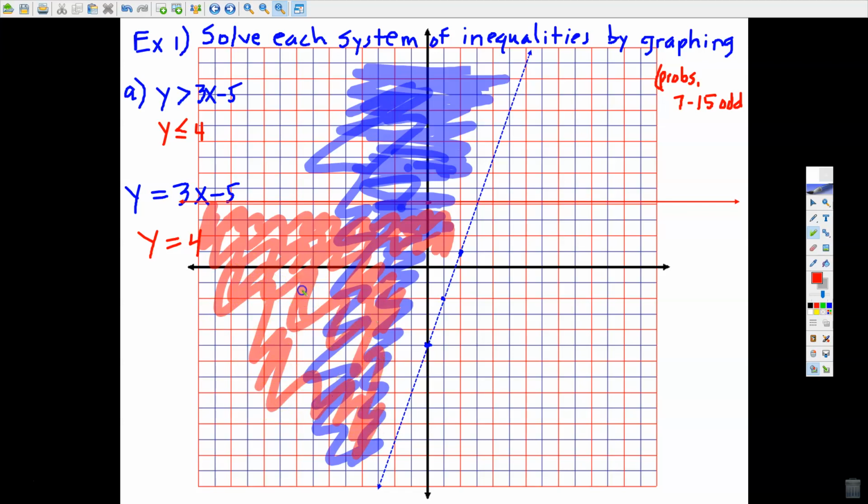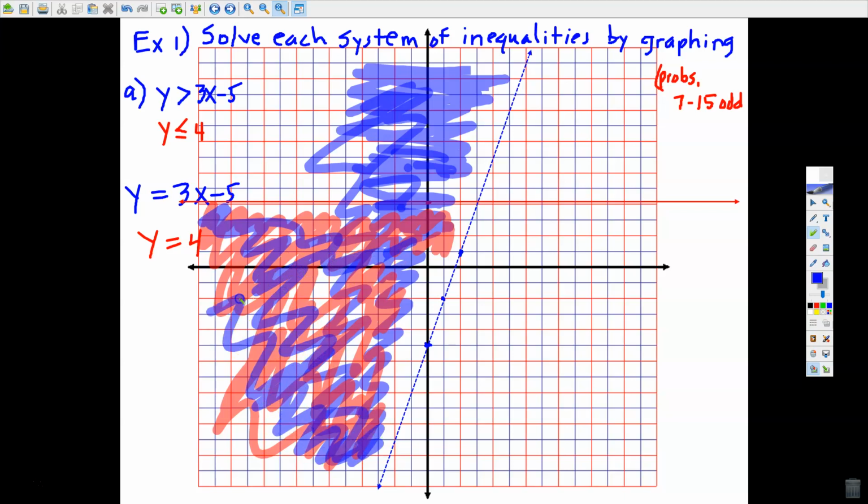So everything in this area where blue and red come together represents the solution. So what we're saying here is, any ordered pair that I could come up with that falls in this blue and red meshed together area is a solution to this system.